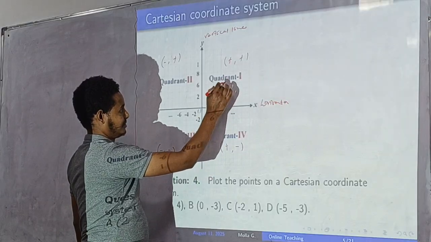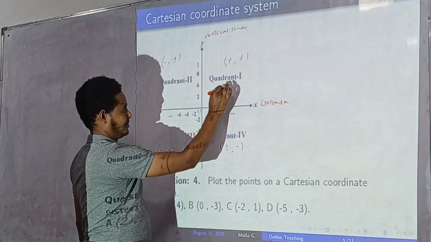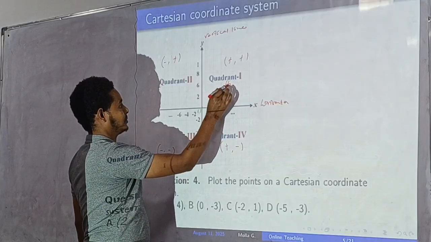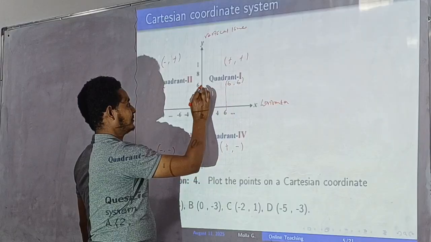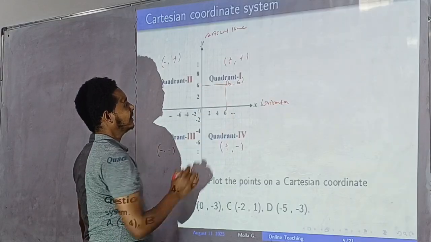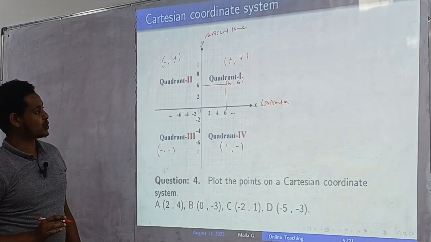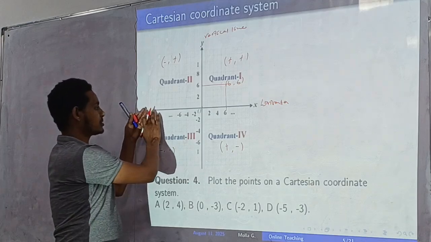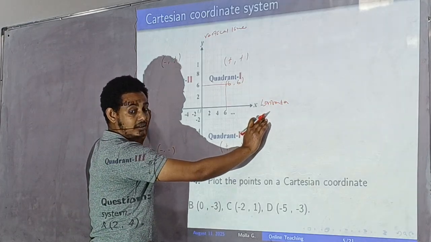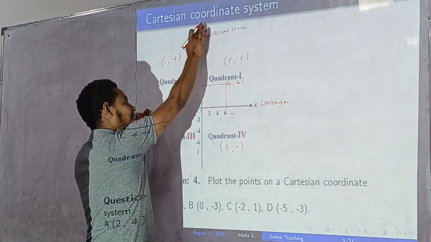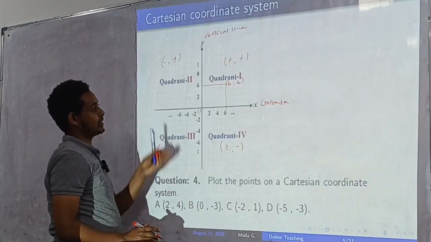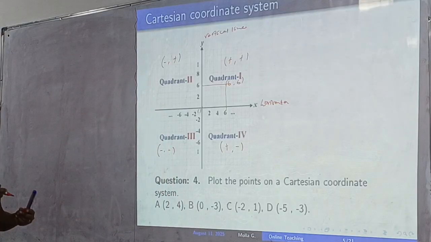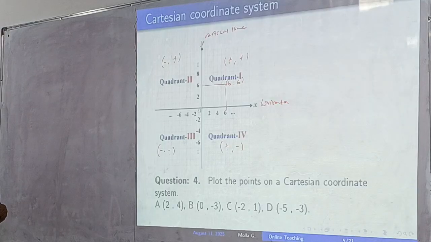Assume this is 6, then we also look at the vertical, that's 6. This is (6, 6). The horizontal line contains a set of numbers, and the vertical line contains another set. After we mix them, we can form a relation, that is an ordered pair or a set of ordered pairs.